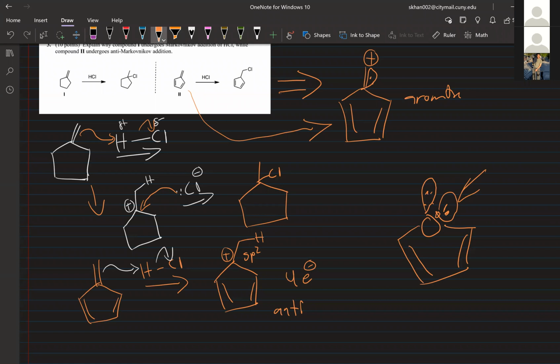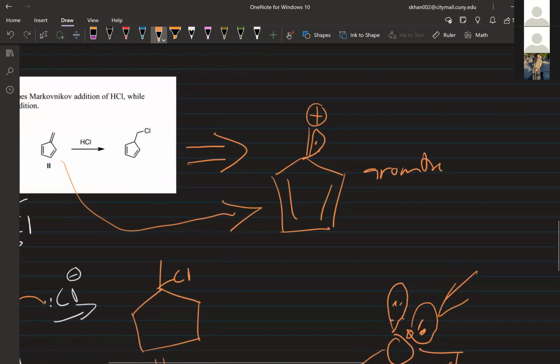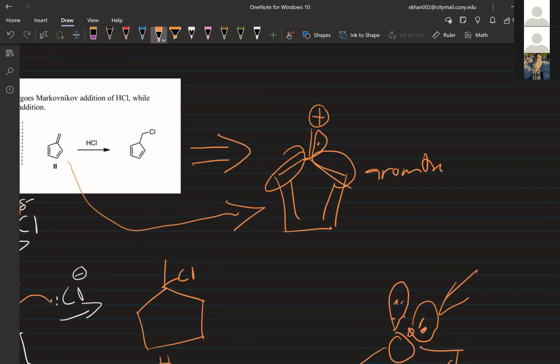It's sp2 hybridized, this furan ring, because it's aromatic. So that means the other lone pair has to be in an sp2 orbital. You could think of that carbon the same way, that all these bonds are sp2 hybridized, and that lone pair is in a p orbital.